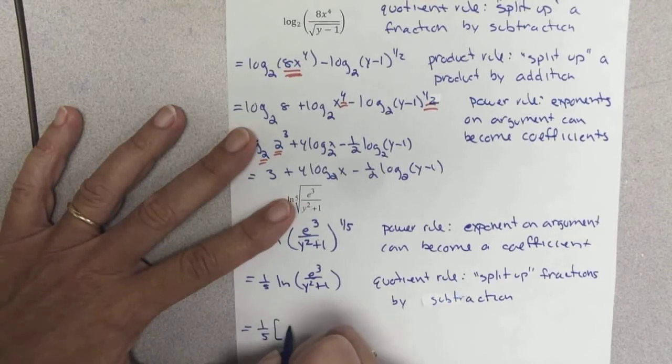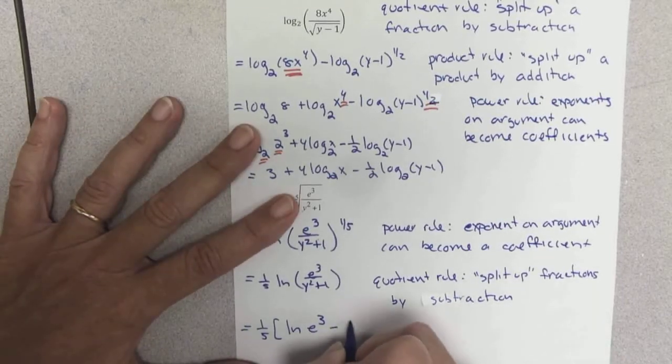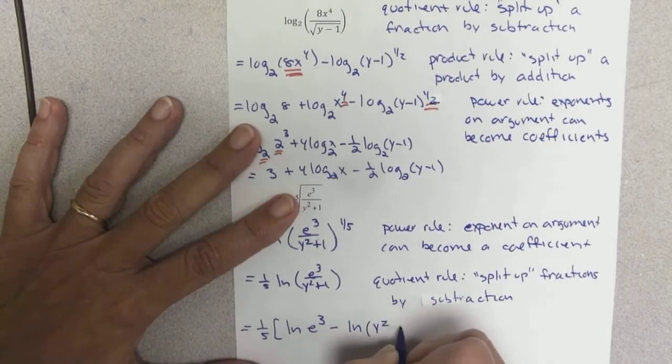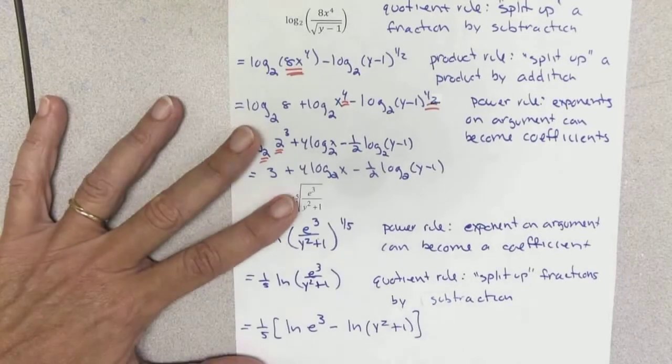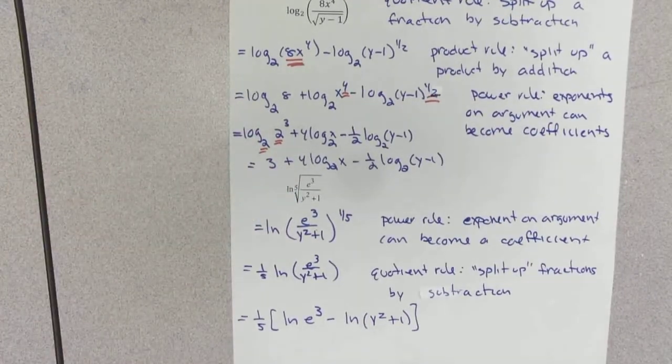So that's going to be 1/5. And then I very carefully use some parentheses here. That 1/5 is going to apply to the entire result of the subtraction. So I have to use parentheses, brackets, whatever you want, doesn't matter. But that 1/5 has to go times everything.